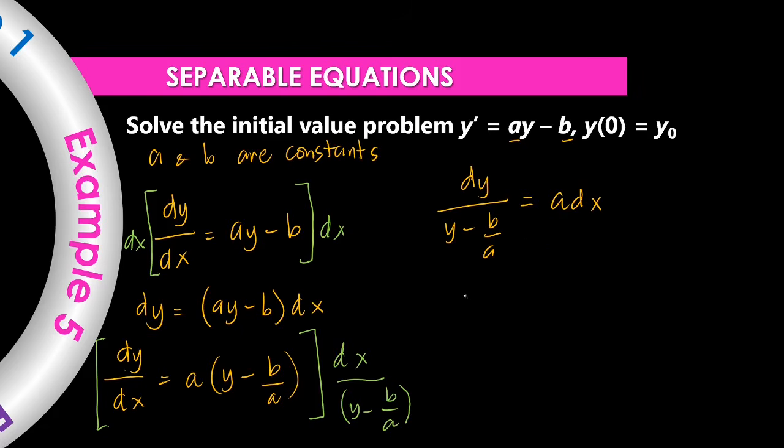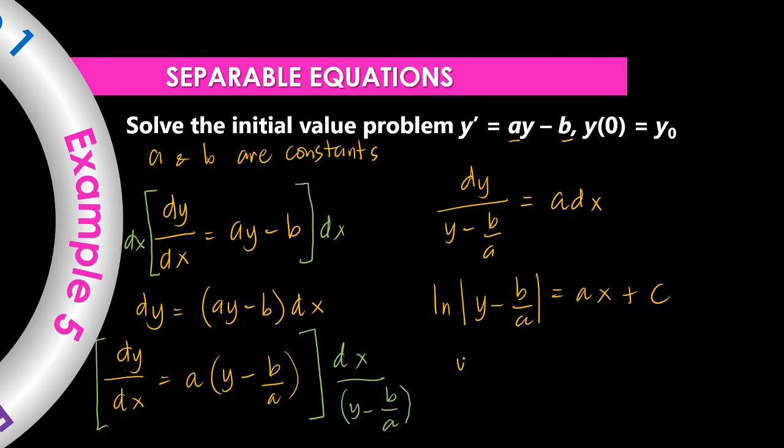Integrating this, it will give us ln of y minus b over a equals ax plus the arbitrary constant. So again, we would like to express our answer as an explicit function of x. That is why I will solve for y. And to do that, I need to raise both sides of the equation to e.